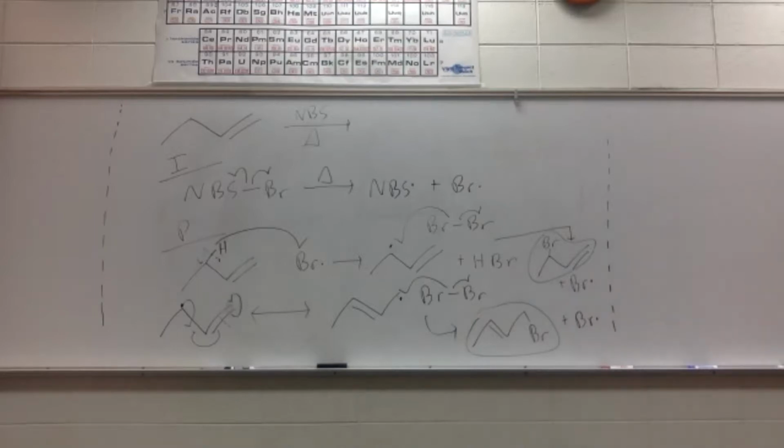That probably happens more often than not with these allylic brominations. The only time it doesn't give you multiple products is when both resonance structures are basically the same. Okay. Does that make sense? Are there any questions so far?